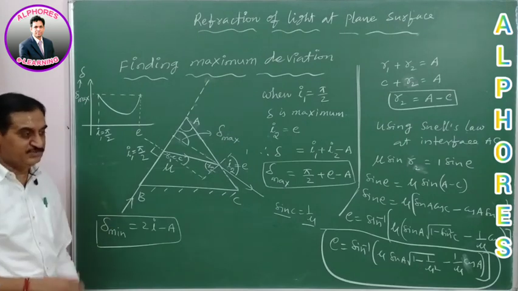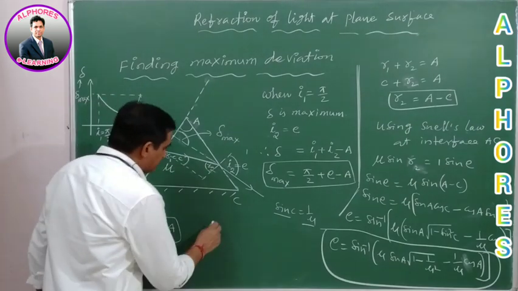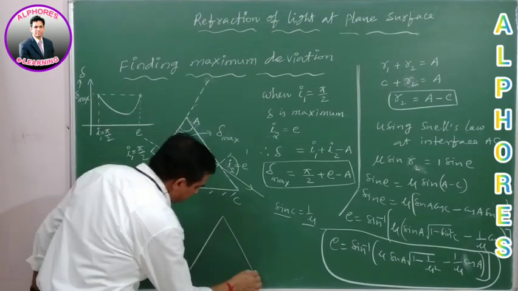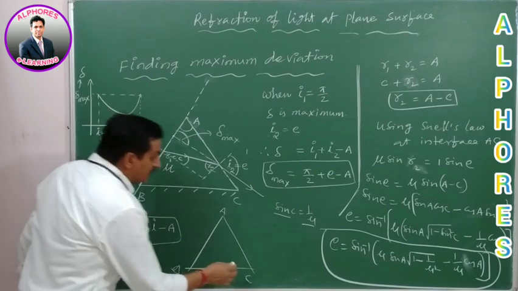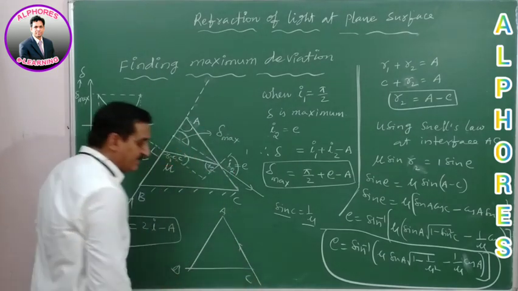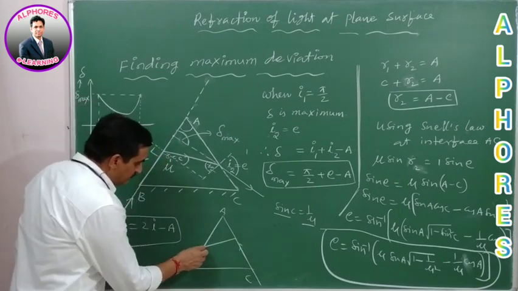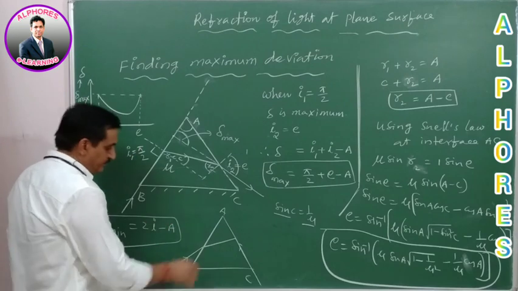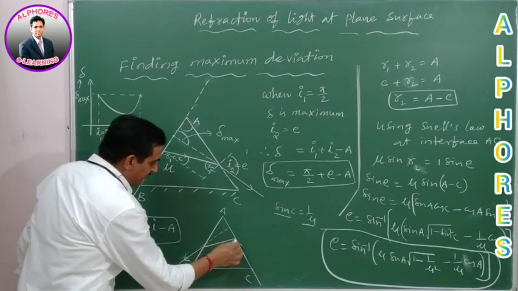And the second point is, by the law of reversibility, if the ray is reversible, suppose this is a prism, with this side AC and this AB, the light is grazing from this side and undergoes refraction, giving the maximum deviation.